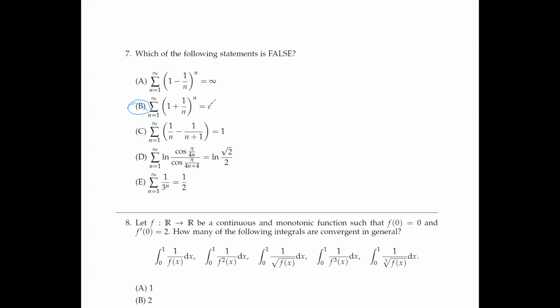Do you agree that this is not true? (1 plus 1 over n) to the power of n goes to e. Hence, this sum is not e, but what? What is the sum here? Infinity. It's infinity, right, because we have a sum of numbers close to e.